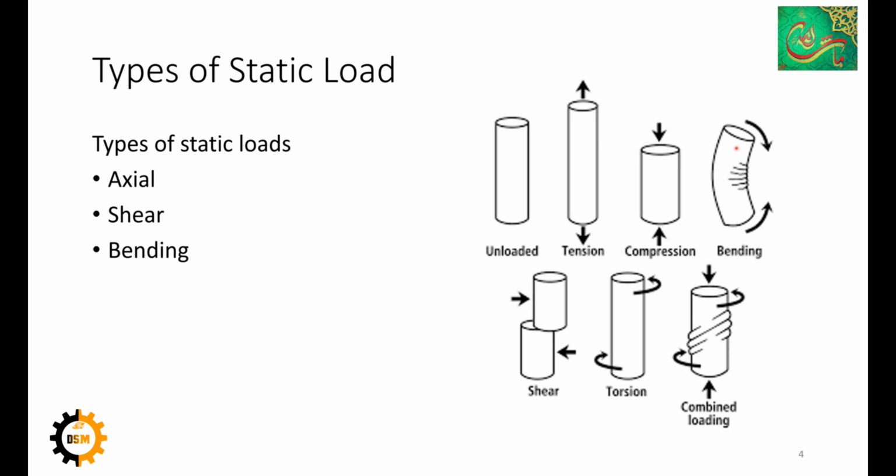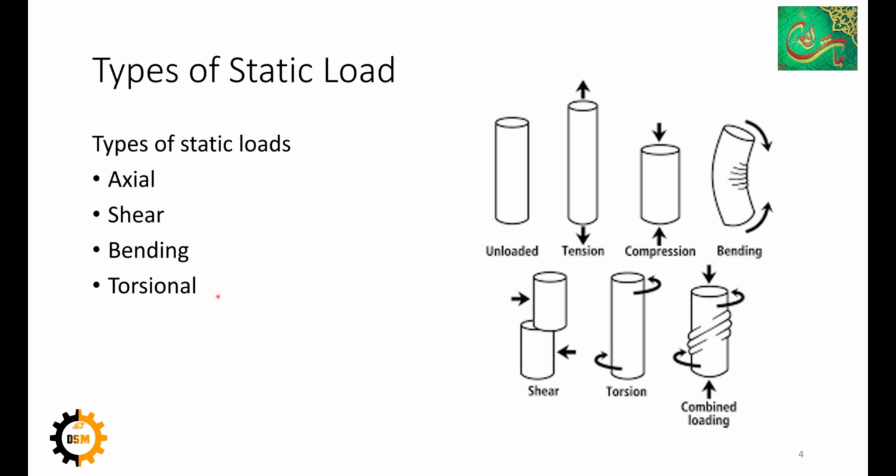This is known as a bending load. A bending load is not along the axis, and it is also not perpendicular to the member in such a way that it breaks the machine element. It causes the element to bend.